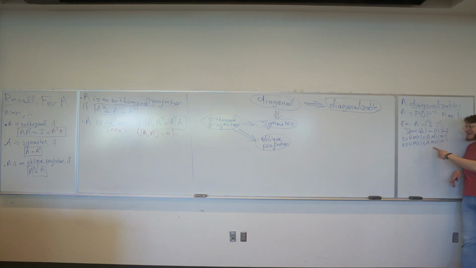But if both AMs are 1, GM has to be 1 also. If it is the case that for any eigenvalue, GM equals AM, for instance, in the case of symmetric matrices, then that matrix is going to be diagonalizable.